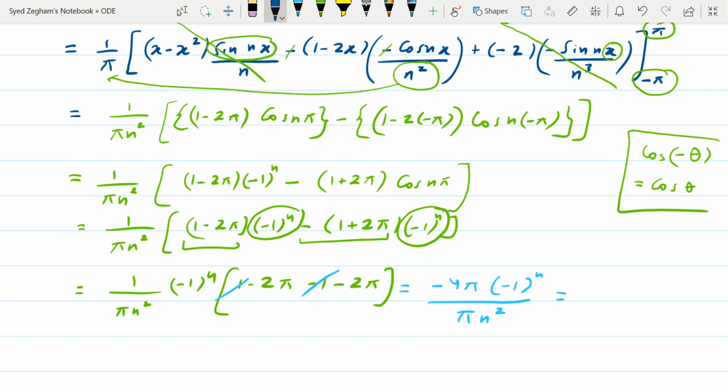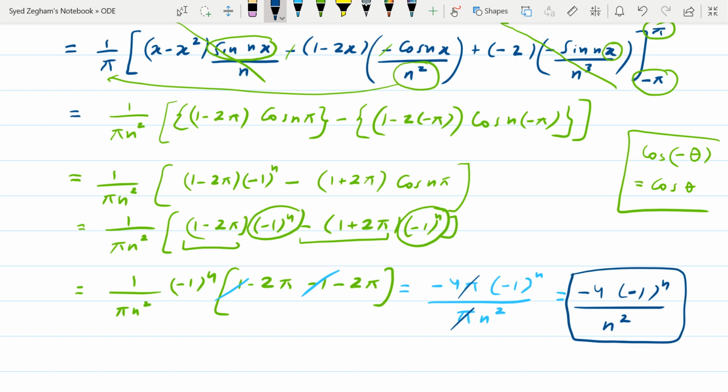So again this pi and pi will cancel, so your answer is minus 4 times minus 1 power n divided by n square. So this is the value of your an.